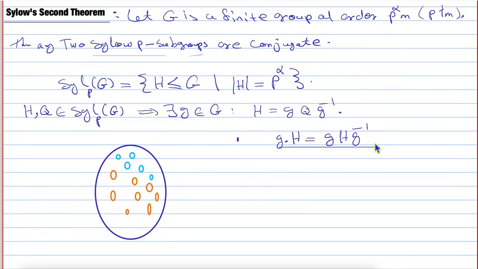Then when this action is applied, it will partition the subgroups into disjoint orbits. What is interesting here is that all Sylow p subgroups will fall in the same orbit, because we can obtain any one of them from the other by conjugation, and all the others will fall into some other orbits. Okay, so this is the meaning of this theorem. Now we can go to the proof.